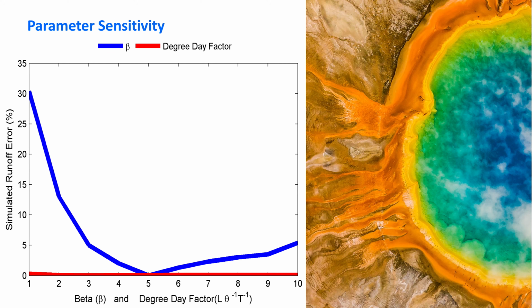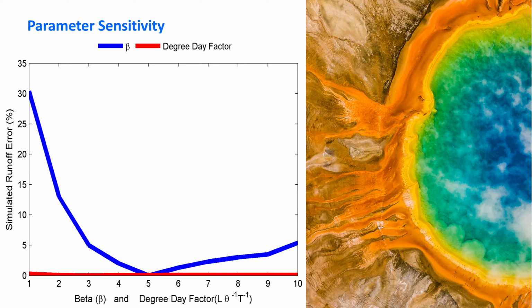And it kind of makes sense. Degree day factor only affects days that you have snow on the ground, but beta basically changes your effective precipitation, the amount of water that contributes to direct runoff. So beta is more sensitive.